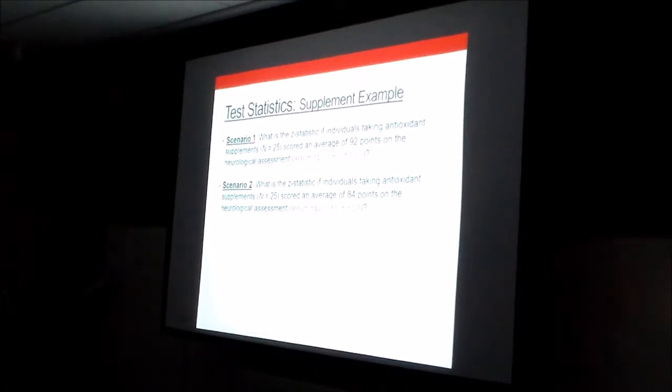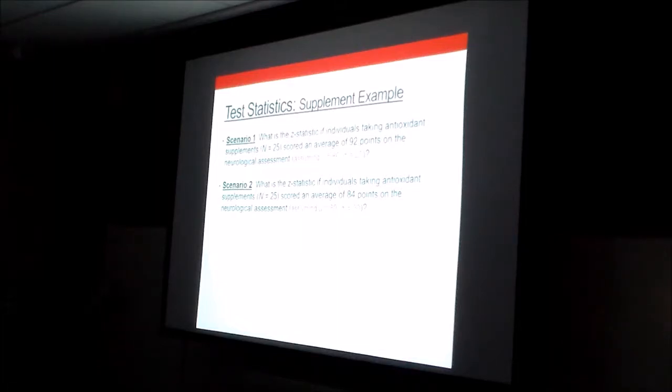Exactly. Our population value has no variability, so we don't need to create a confidence interval around it, because it is the number that it is. But we find that even though we've got some fuzz around this with a sample of 25, 80 is not within this interval. So based on the data that we've collected, 80 is not a reasonable estimate for the true average score on this cognitive test in the population of individuals taking supplements.